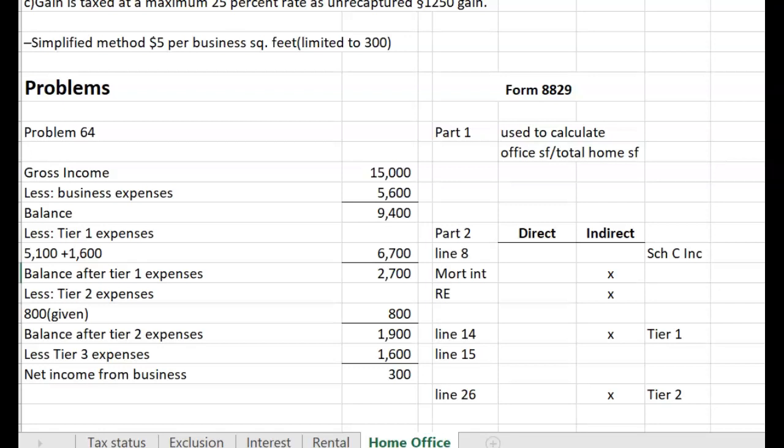The following home-related expenses have been allocated to our home office using the actual expense method for calculating home office expense. There's real estate property taxes, interest on a home mortgage, operating expenses of home, and depreciation.